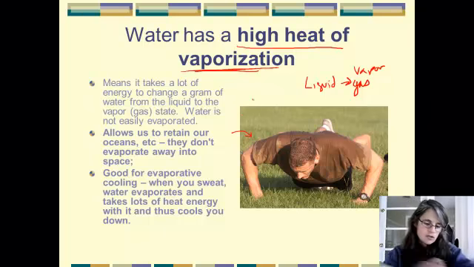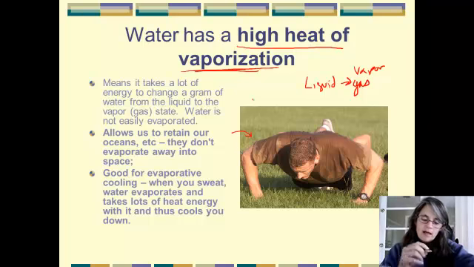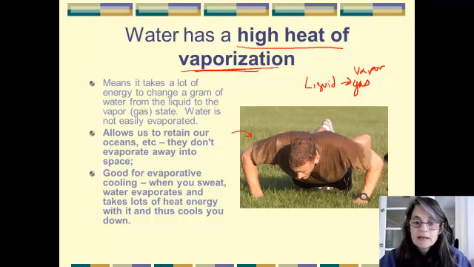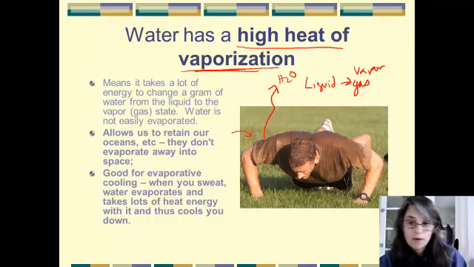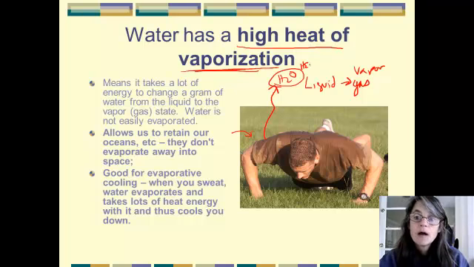Because when you sweat, this liquid is on your body. It doesn't cool you, though, until it actually leaves your body, until it evaporates away. Because water is hard to vaporize, in other words, it takes a lot of energy to vaporize it, when you finally have given enough heat energy from your body to vaporize a water molecule into the air, that water molecule takes a whole lot of heat energy with it when it goes.